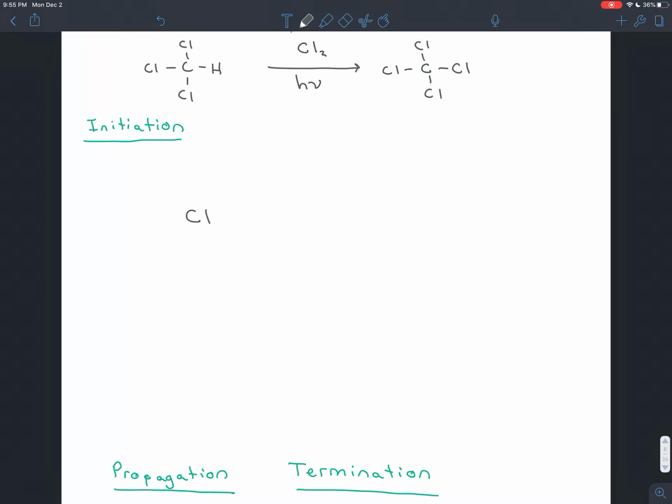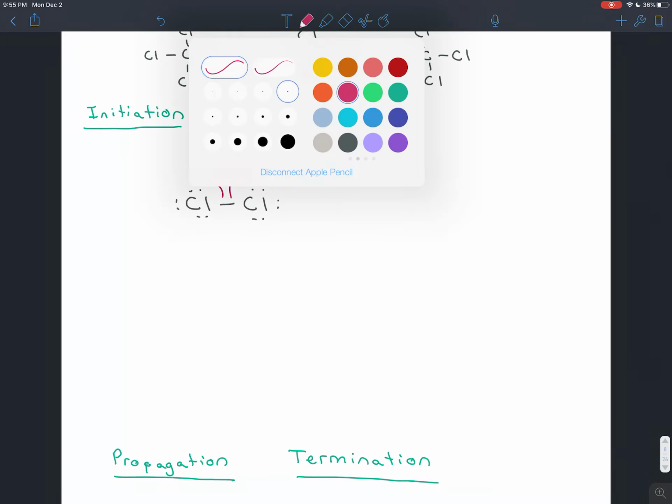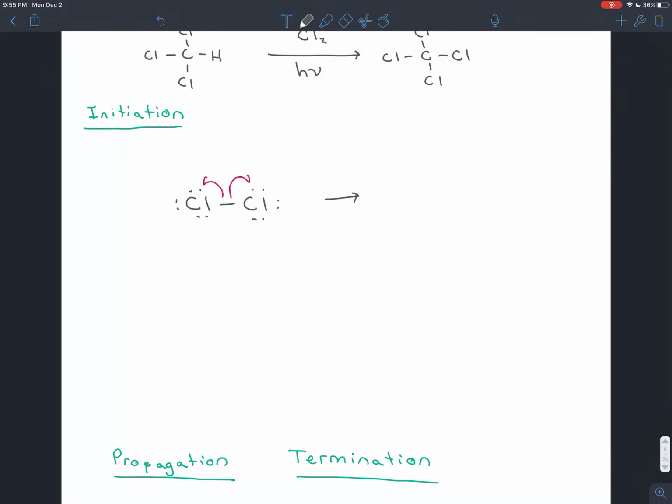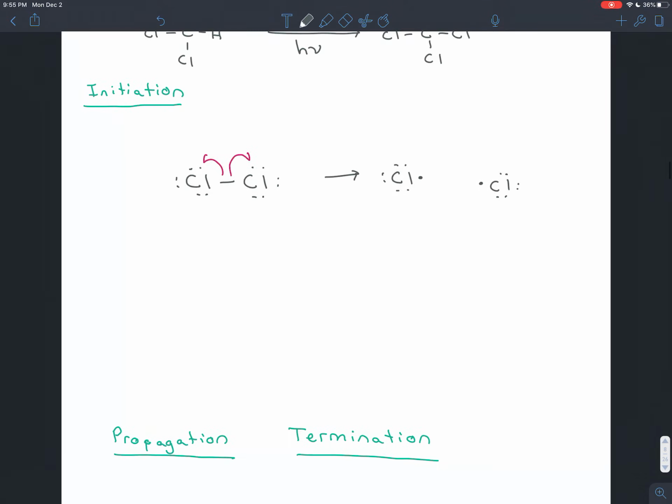You would take the molecular halogen, so the 2 chlorines in this case, and when you shine light on them, you get homolytic cleavage. 1 electron in this bond goes onto 1 chlorine, the other electron in the bond goes onto the other chlorine, and you end up with 2 radicals. So you have these 2 chlorines, and they each have an unpaired electron, so they're each radicals.